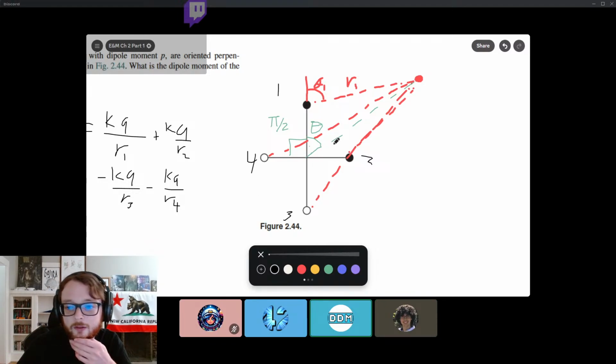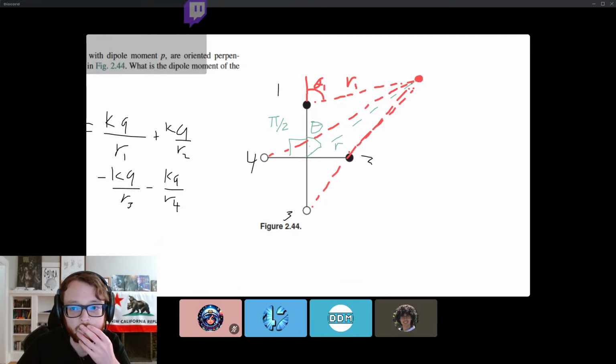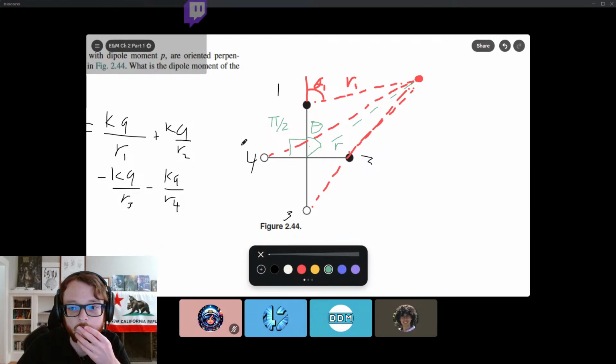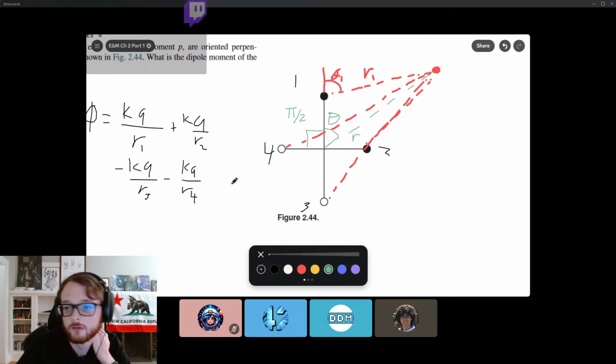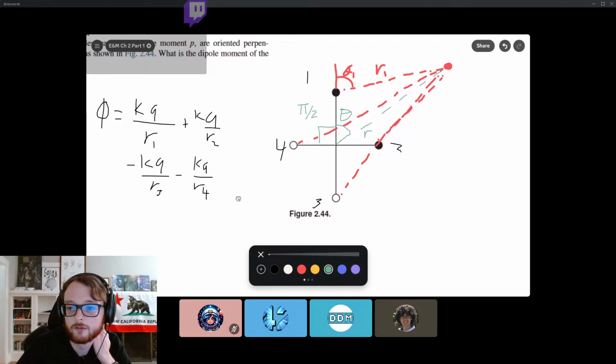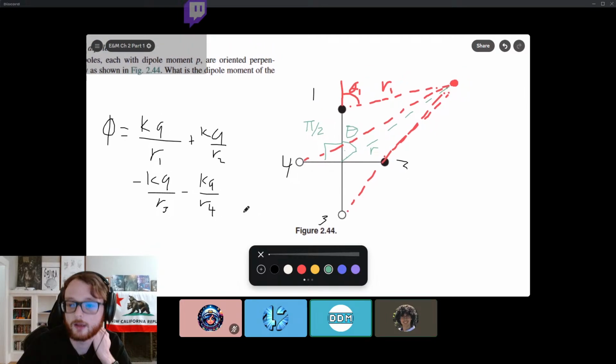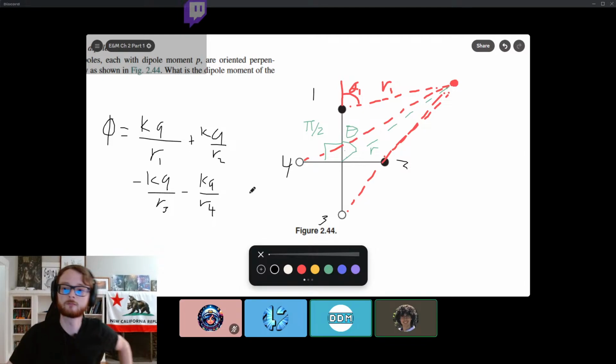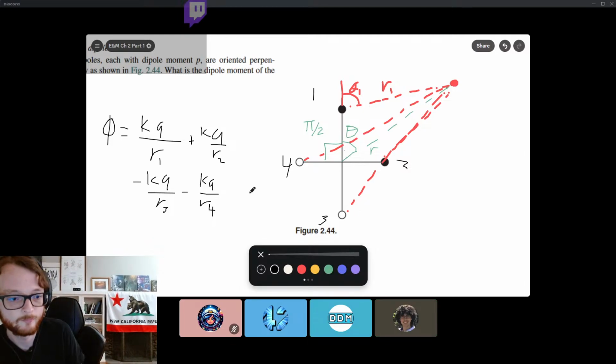I guess if we're taking this green dotted line as our good R that we're going to put everything in terms of. Yeah, I'm happy to just use the geometry approximation that they do.